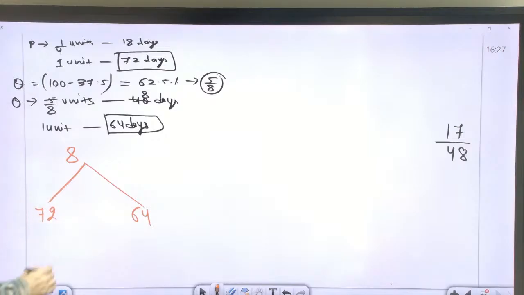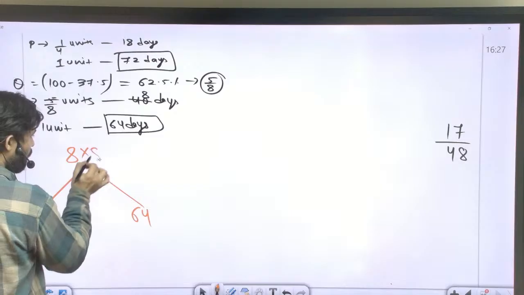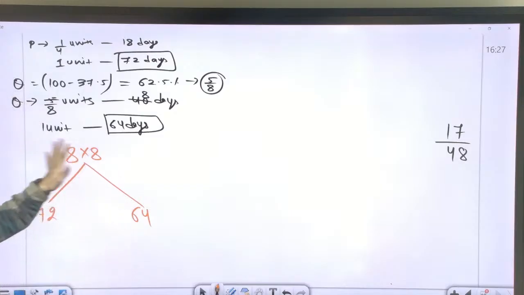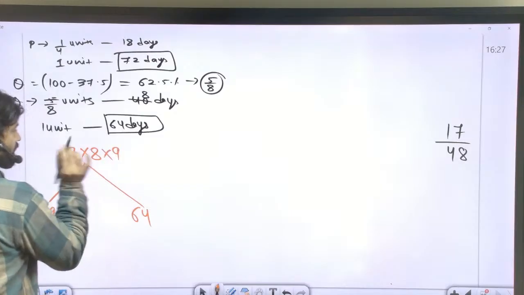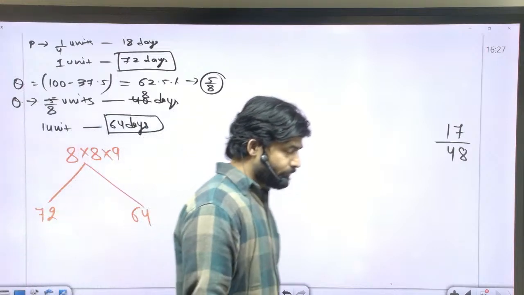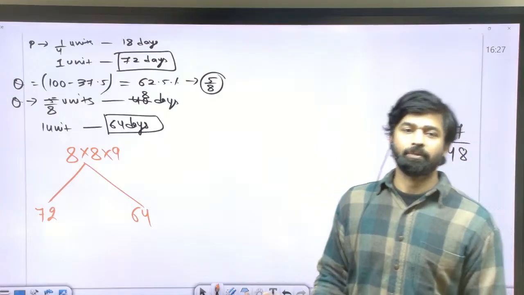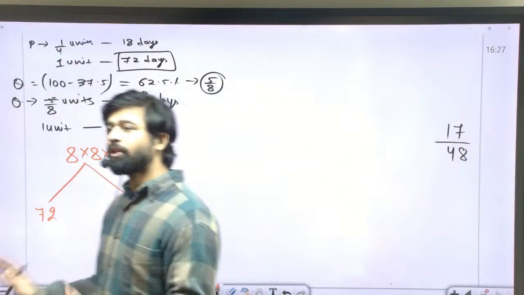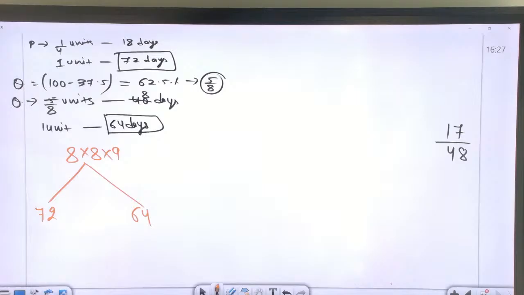Now if we talk about this, 8 into 8, 64, and 8 into 9, 72. And I'm not suggesting you multiply it. Don't multiply it, because there is no need to multiply first of all. Okay, now how will you find the efficiency?